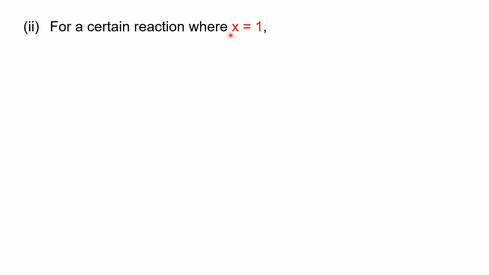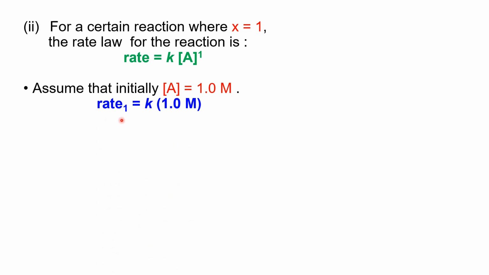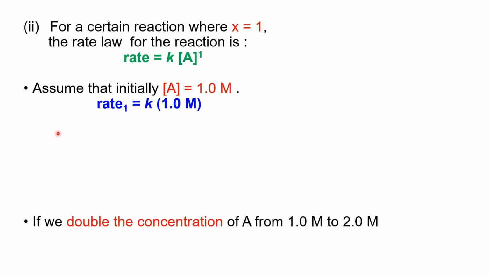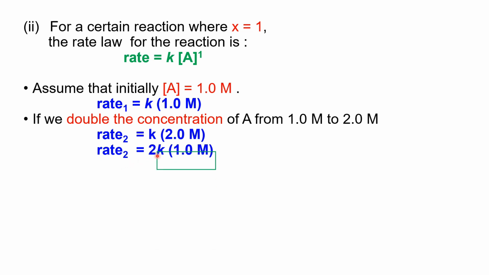For a certain reaction where x is equal to 1, the rate law is rate equals k times concentration of A to the power of 1. Assume that initially the concentration of A is 1.0 molar. So rate 1 equals k times 1.0 molar. If we double the concentration of A from 1.0 molar to 2.0 molar, rate 2 equals k times 2.0 molar, or we can write rate 2 equals 2k times 1.0 molar.